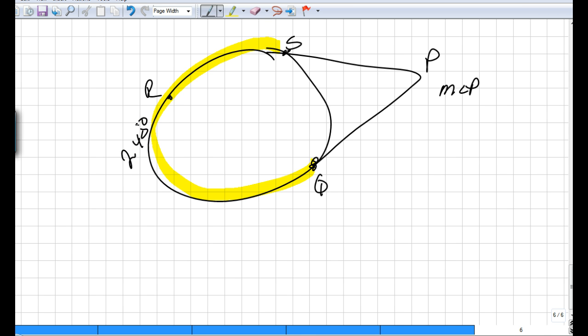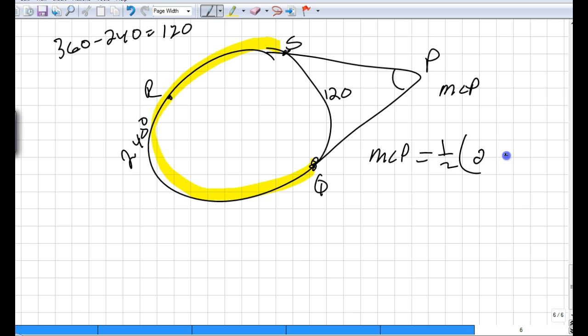And if that's 240, then I know that arc QS, because I take 360 and subtract 240, has to be 120 degrees. So this arc has to be 120. I want to know angle P. So it's 1/2 the difference, so 240 minus 120. So I get 120 times 1/2, so measure of angle P is 60 degrees. Okay?